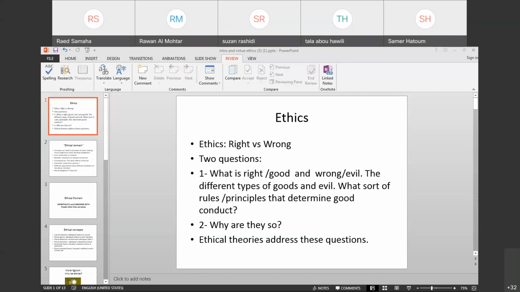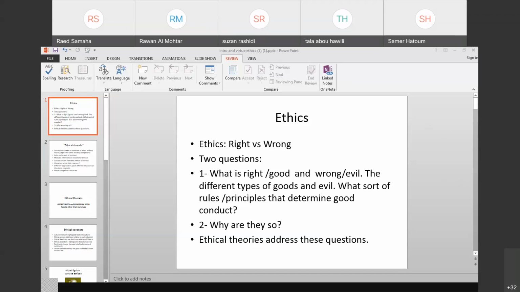So the second question is the why question, as to why good is defined in a certain way rather than another. Yes, Anhal, definitely. So not only do we expect moral reasoning to give definitions of what's right and what's wrong, what's good and what is bad, but more significantly, we expect moral theories to provide an explanation of why goodness is defined in one way or another.